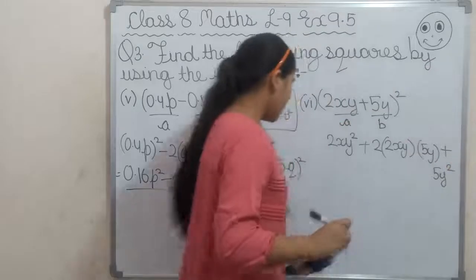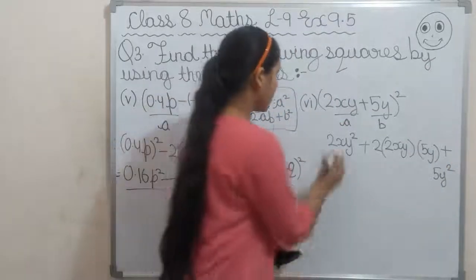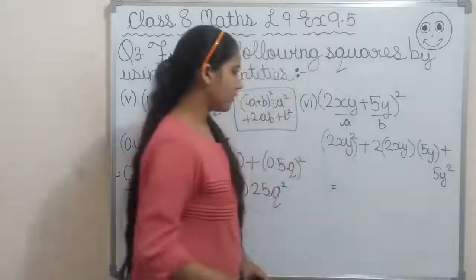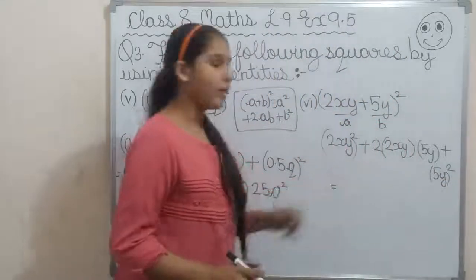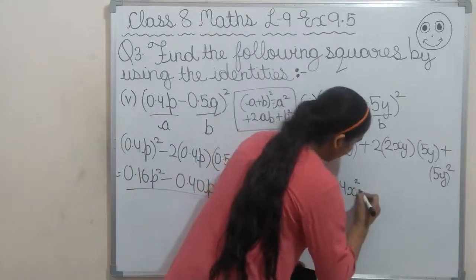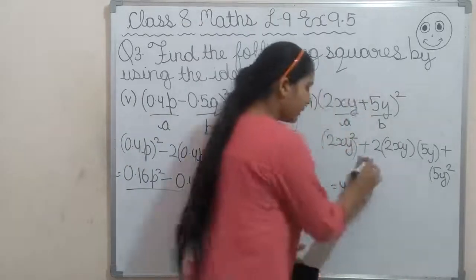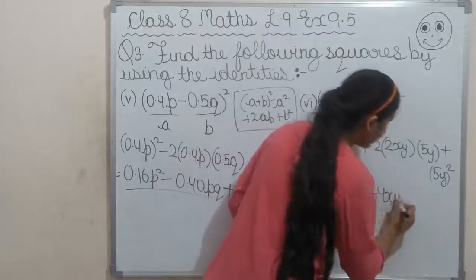Okay, so let's take our answer. It should be whole square. (2xy) square means 2 to the 4 x square y square, then plus sign as it is, 2 into 2 is 4, xy as it is.